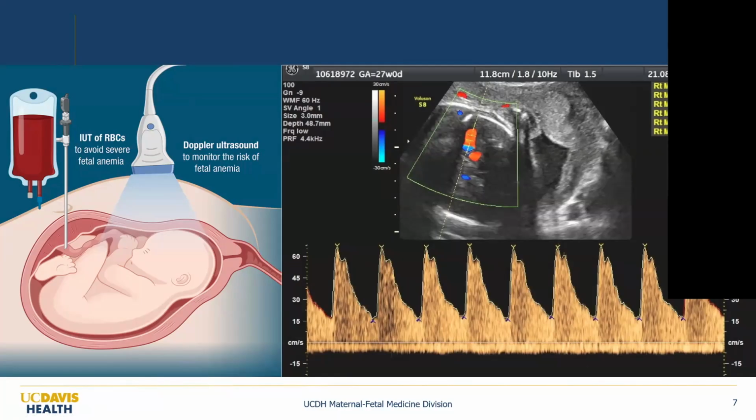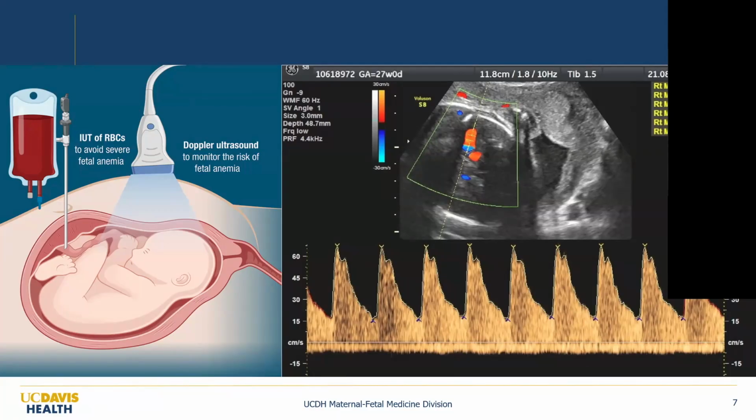If the baby is severely premature and we feel that there is a benefit for the baby to stay in, the first thing that we do is monitor the baby's anemia, the surrogate of which is the middle cerebral artery, which is what you see on the right side of the screen.